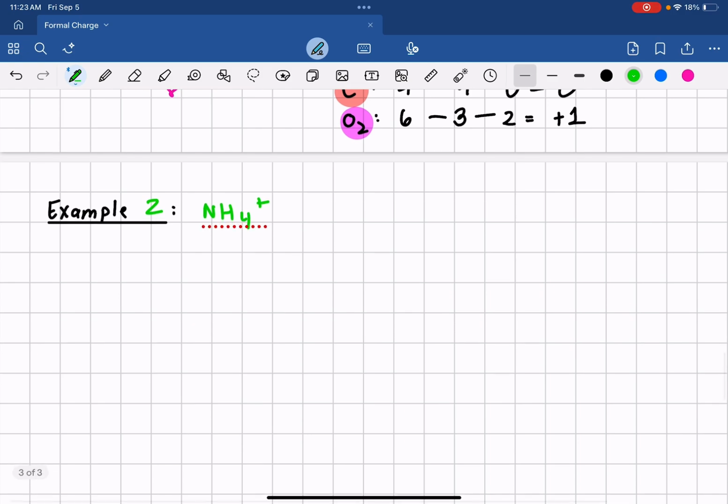Let's calculate its formal charges by first creating its structure. So nitrogen is connected to 4 hydrogens. Actually, let me just write it as ammonium. Ammonium has 1 nitrogen and 4 hydrogens.